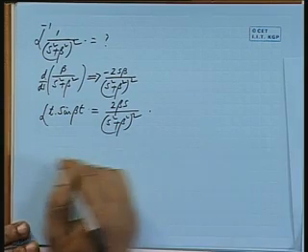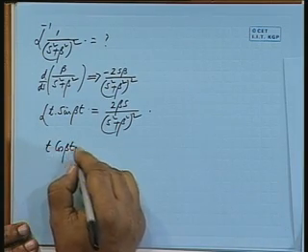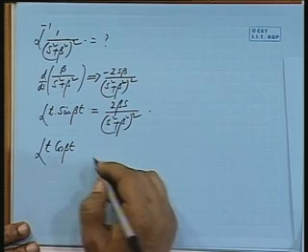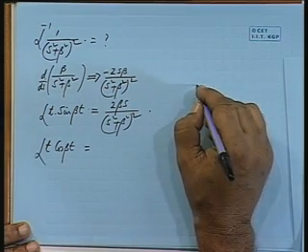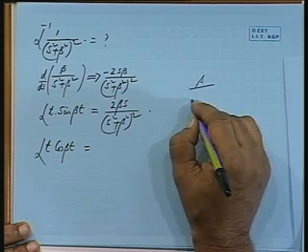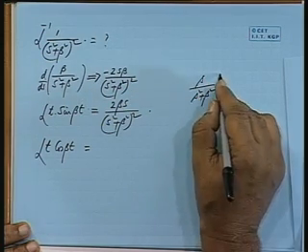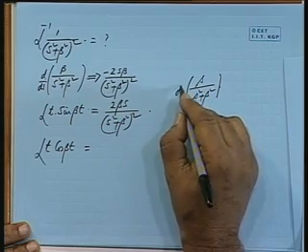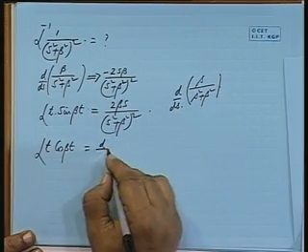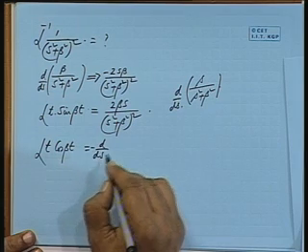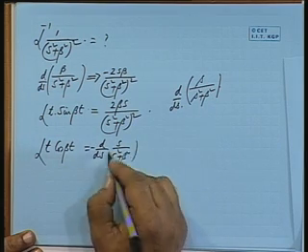Is that all right? T into cosine beta t, what will be the Laplace transform? Cosine beta t is s by s square plus beta square. If you take the derivative of this, how much is it? So minus d by ds of s by s square plus beta square.